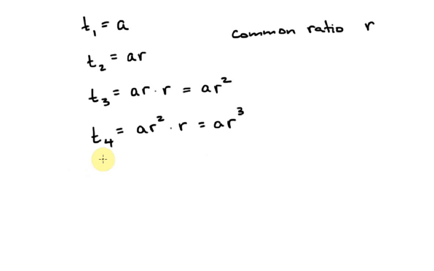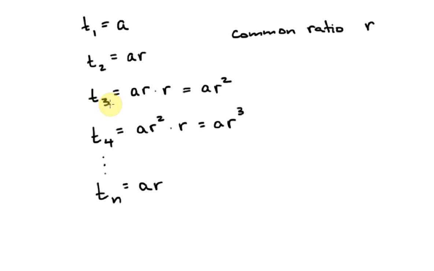All right, so what's going on here? How are we able to build a formula? If you look at what we have, we are always going to have A times some sort of R: A times R squared, A times R cubed. So it's going to be A times R to the something. Now notice when n was 4, the exponent was 3.